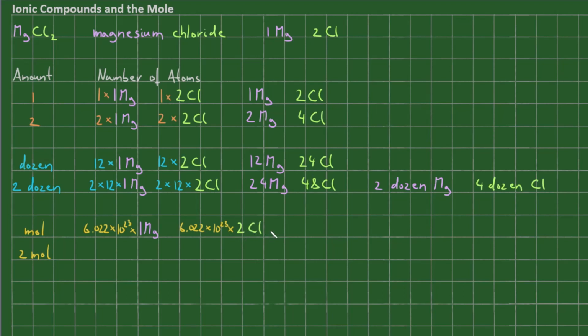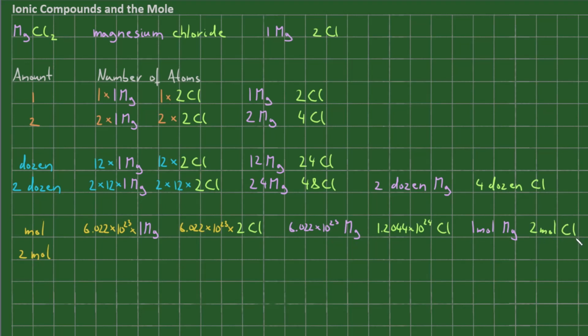And so I could say that I have 6.022 times 10 to the 23rd magnesium atoms and 1.2044 multiplied by 10 to the 24th of chlorine atoms. Alternatively, I could say that I have 1 mole of magnesium atoms and 2 moles of chlorine atoms.